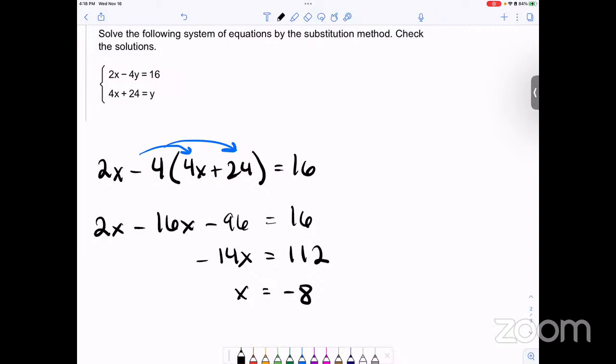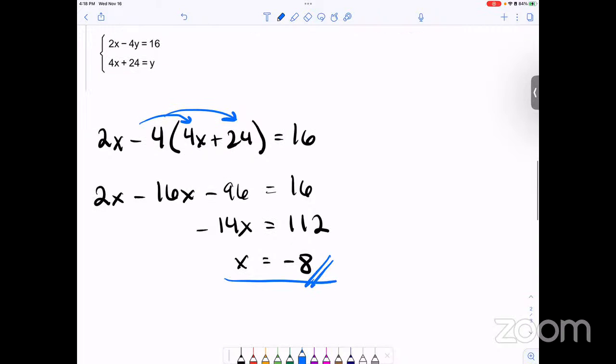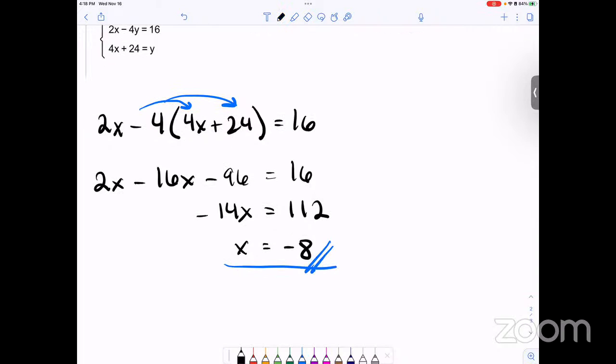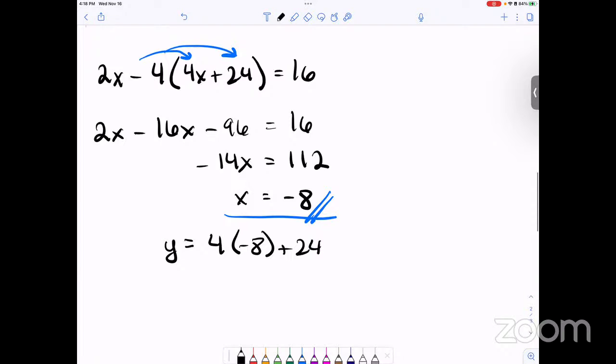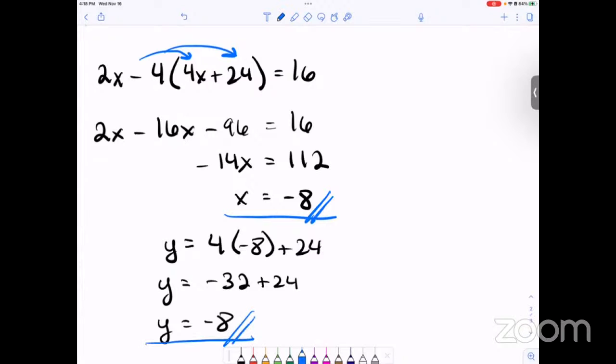So we got this for x. So then we can plug it back in. So for y, it's going to be 4 times -8 plus 24. -32 plus 24. 6 and 2 is -8. So it looks like we get -8, -8 as the ordered pair, as the solution.